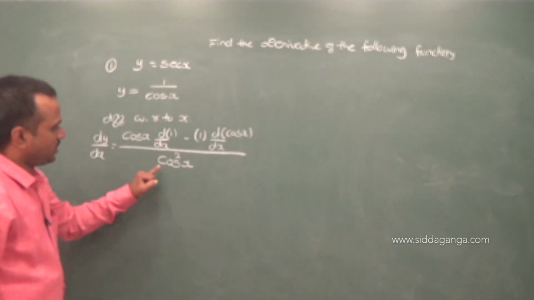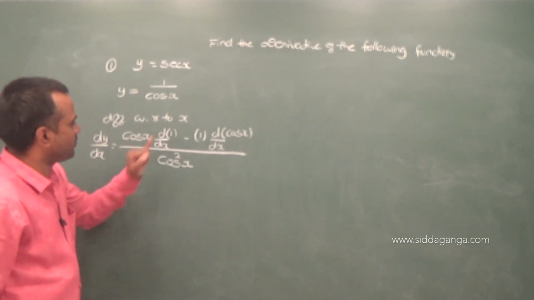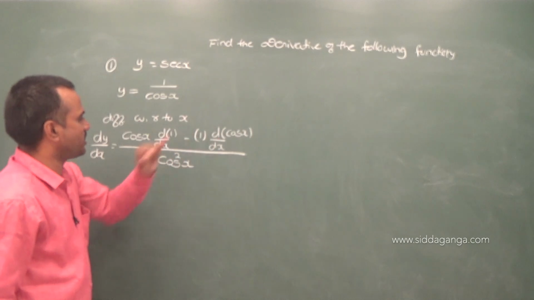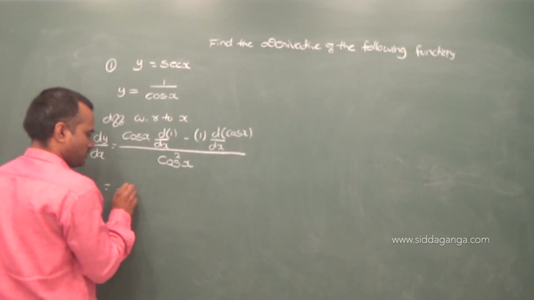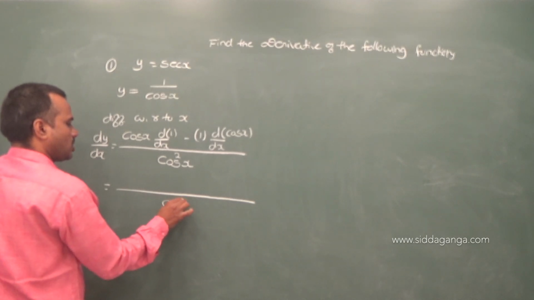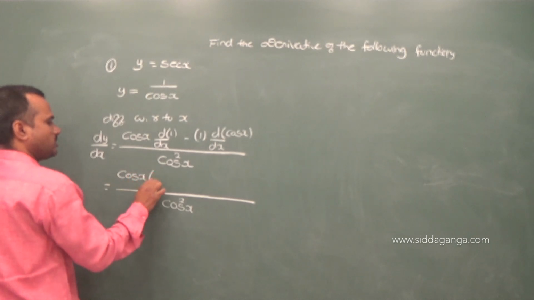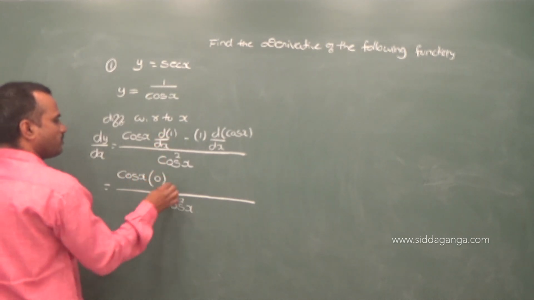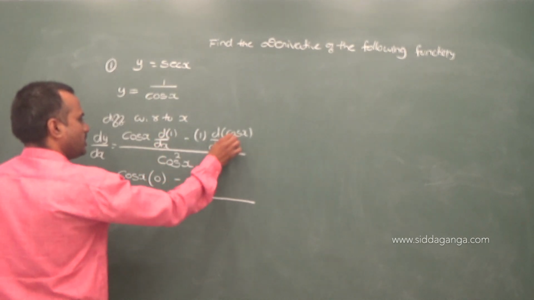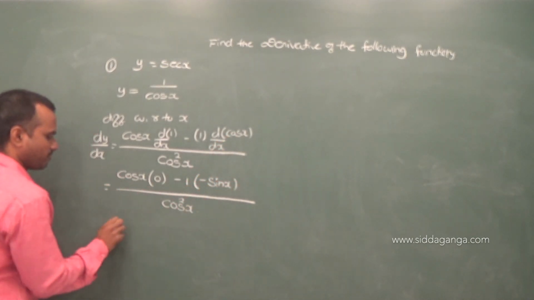Denominator into derivative of numerator minus numerator into derivative of denominator. Cos x into derivative of constant is 0, minus 1 into derivative of cos x, which is minus sin x.